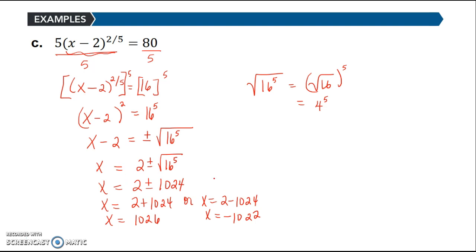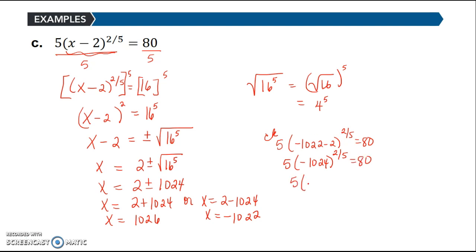I would note that when you plug in the -1022 minus 2 to the 2/5, note that you would get a 5 times -1024 to the 2/5 equals 80.